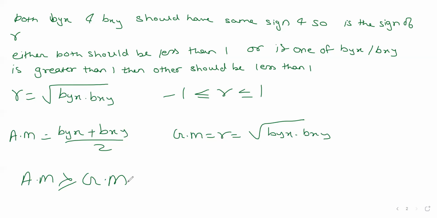So we have to follow these cases, or there is one more rule, that is modulus of byx plus bxy upon 2 should be greater than modulus of r. So we may use this rule or that rule, they are the same. So these are the basic properties of byx and bxy, which we need.